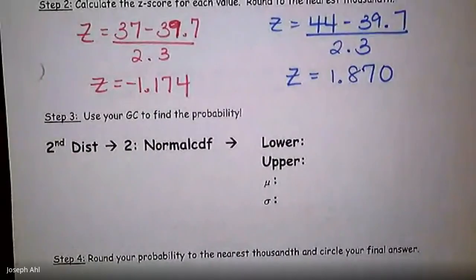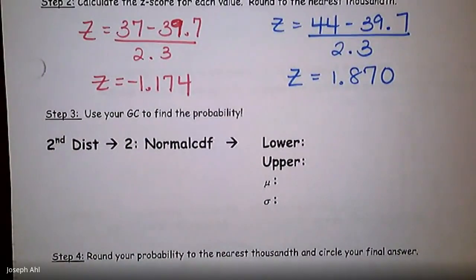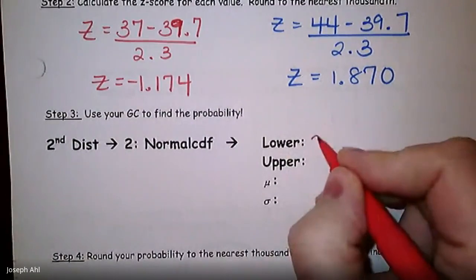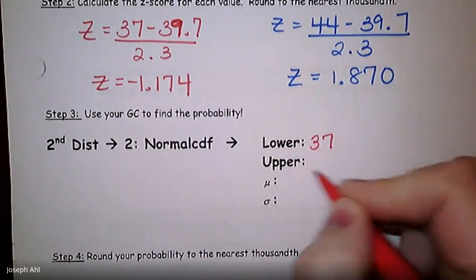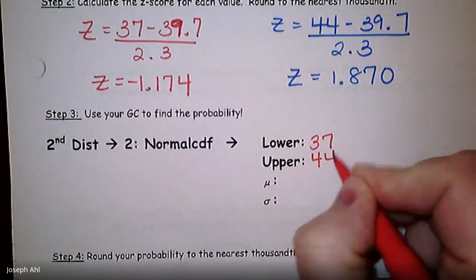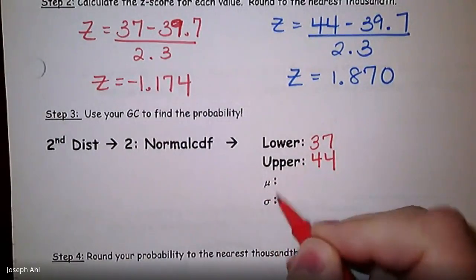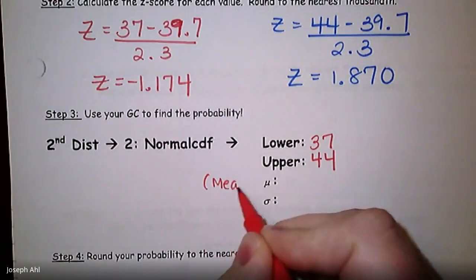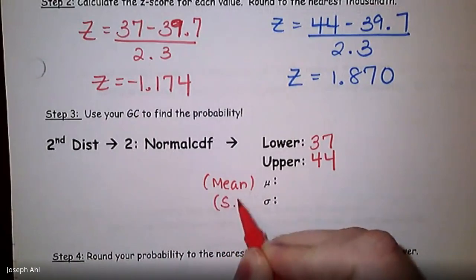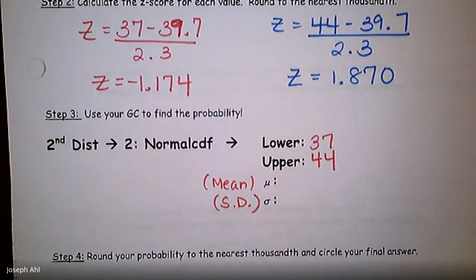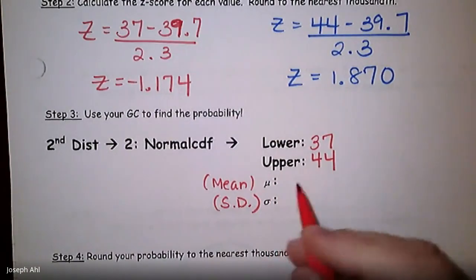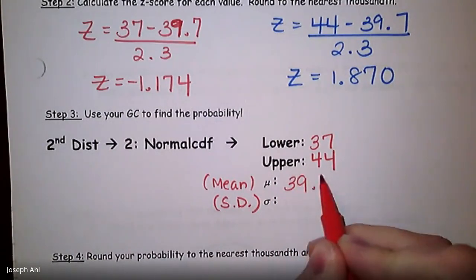So you have your graphing calculator. We're going to type in the lower and upper bounds from the chart that we made above. The lower bound was 37 seconds. The upper bound was 44 seconds. The mean and standard deviation are the symbols that we have here. The mean is actually the Greek letter mu, and in this set of data it was 39.7.